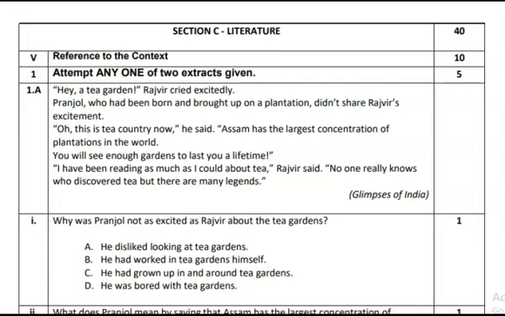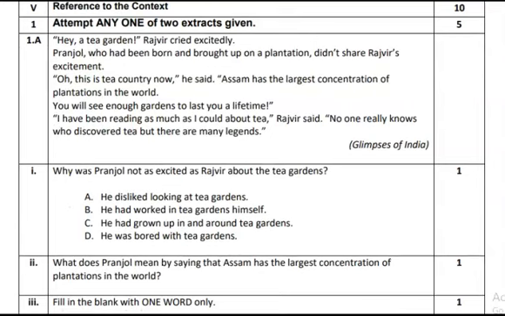For example, let us quickly see the two extracts and compare which of the two is easier to do. So here, and I believe that you must have done this. Let us read out the extract and let us see which of the two extracts is going to be easier. "Hey, a tea garden," Rajbir cried excitedly. Pranjal, who had been born and brought up on a plantation, didn't share Rajbir's excitement.